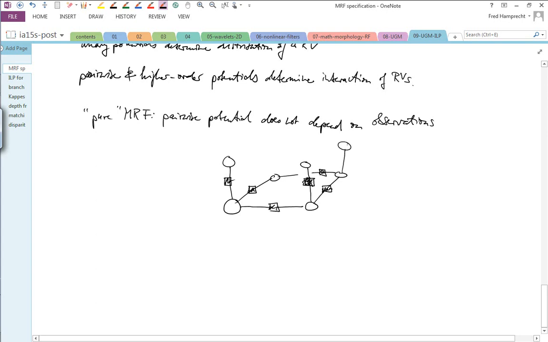So I'm showing a couple more random variables than we previously had, because previously I omitted the observations.